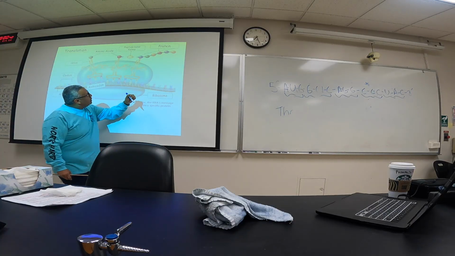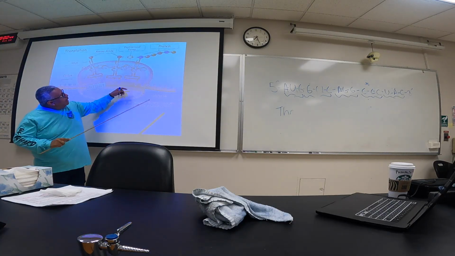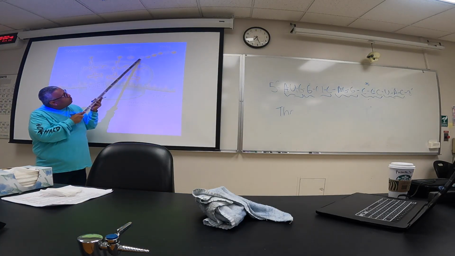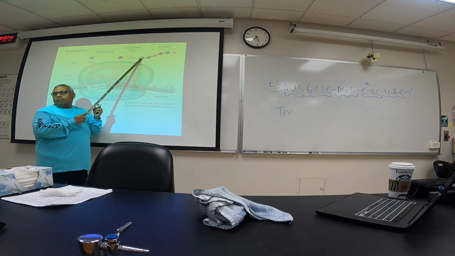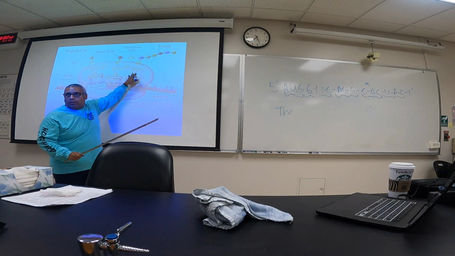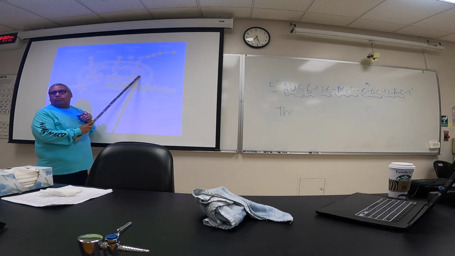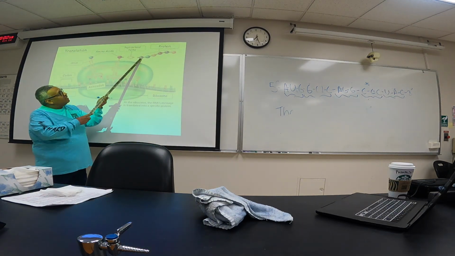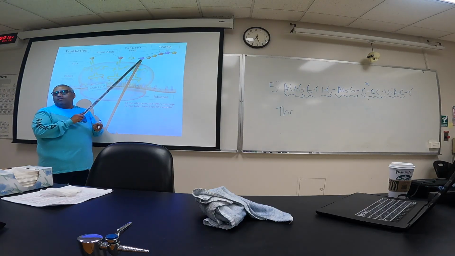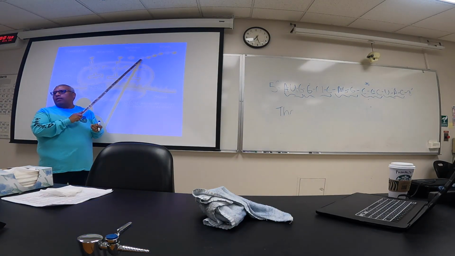So here it meets up, this transfer RNA, and what happens here is that this purple blob here is threonine. So this isn't threonine, this is transfer RNA, and this transfer RNA is specific to bringing threonine.